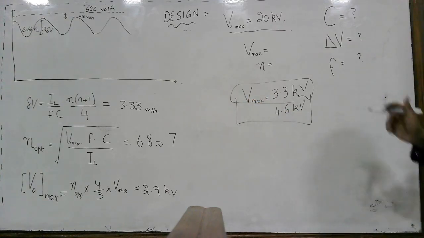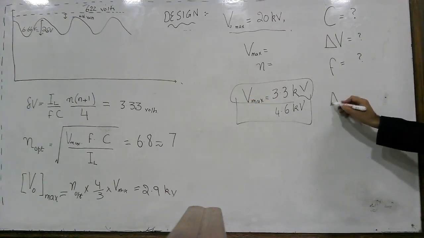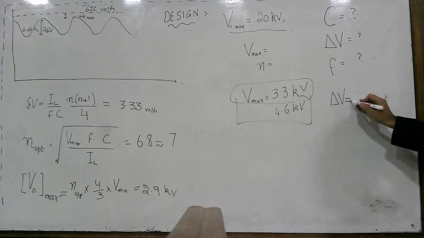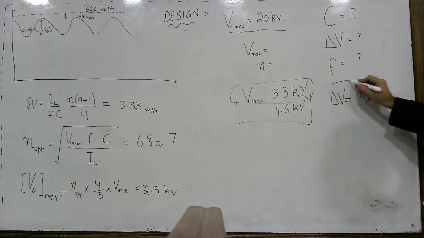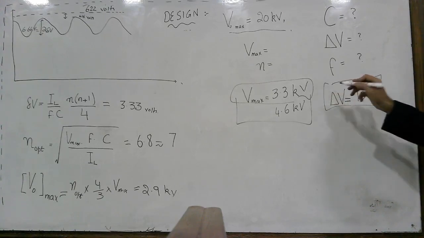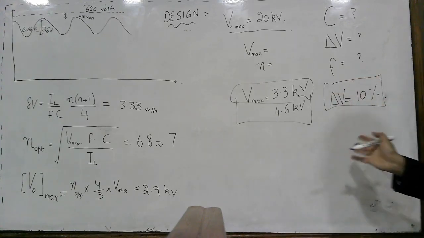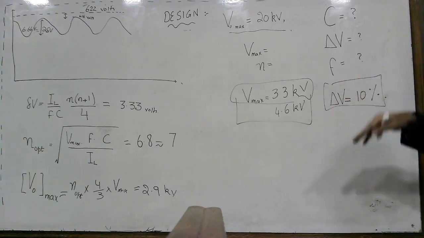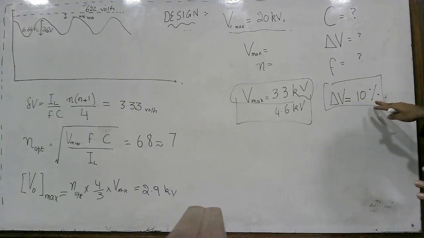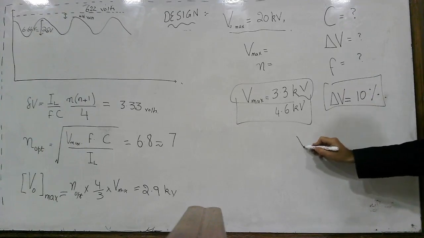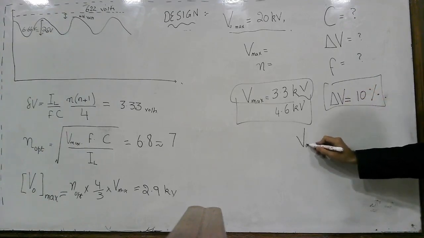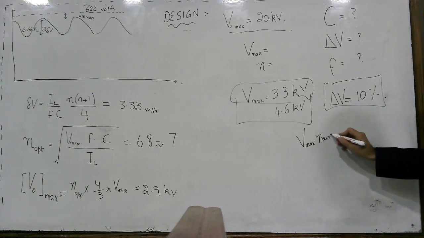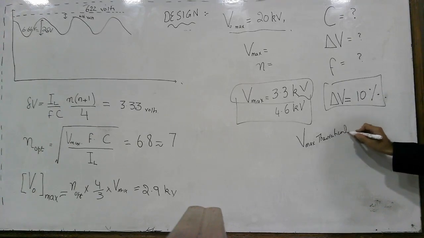Then you decide what should be the delta V, and delta V is normally, let's say, taken as 10%. This is the maximum acceptable voltage drop. Let's say this voltage drop is delta V. So what comes out to be V maximum theoretically? You need to calculate that.